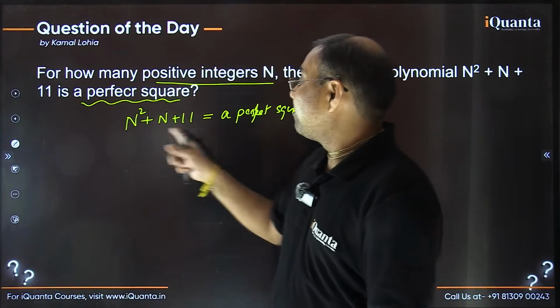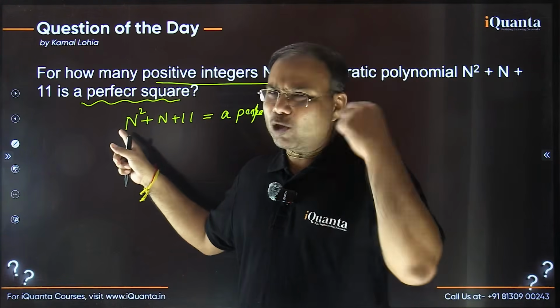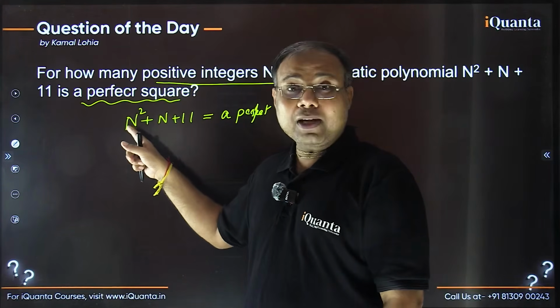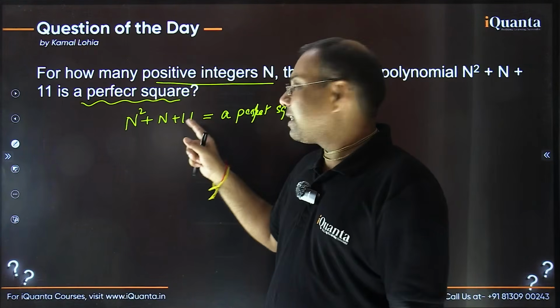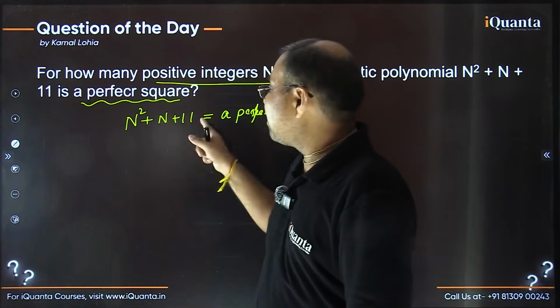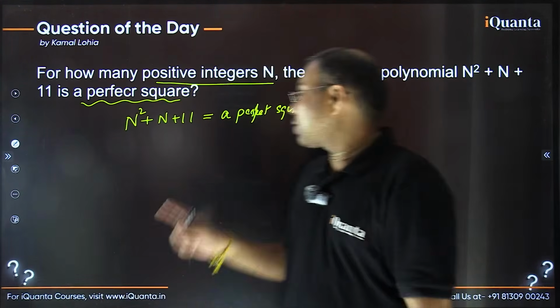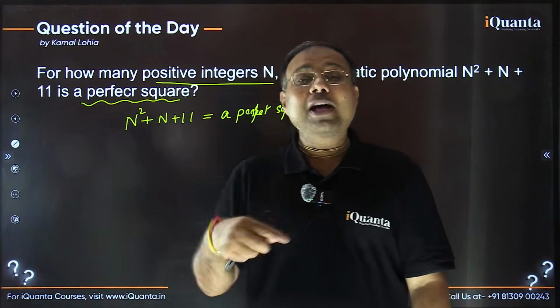You can see n is going to be a positive integer. If n is a positive integer, then n square is a positive integer, n is also a positive integer, and 11 is already a positive integer. That means the sum of these three numbers is also going to be a positive integer. When do we call a positive integer a perfect square? When it is the square of an integer.